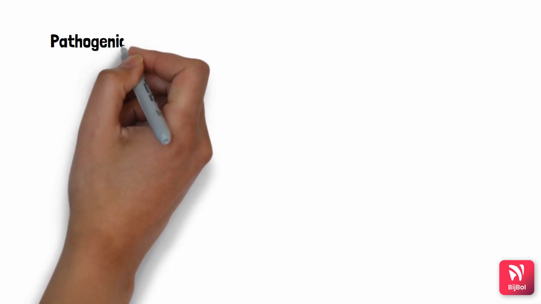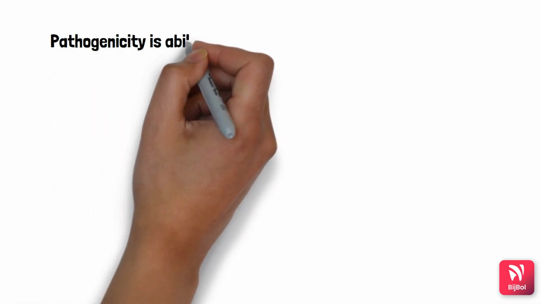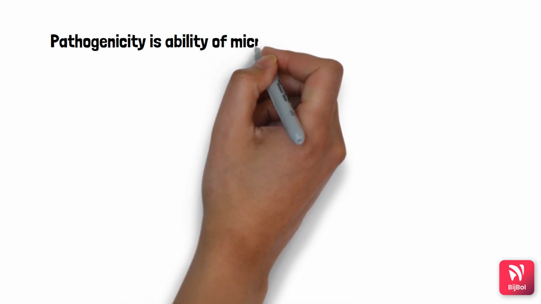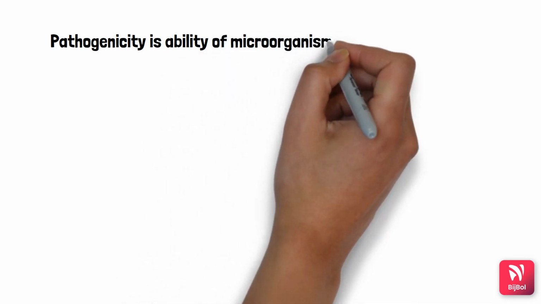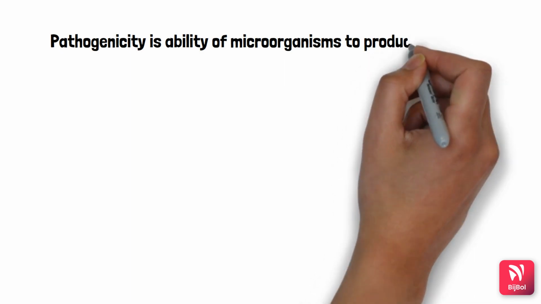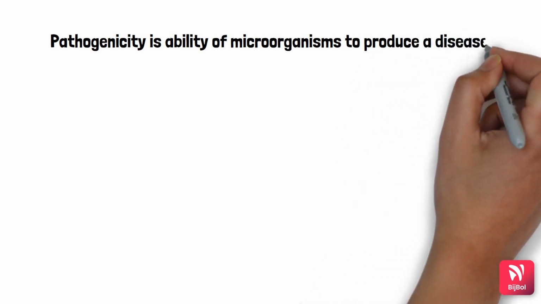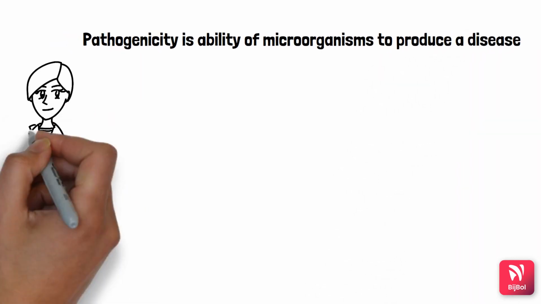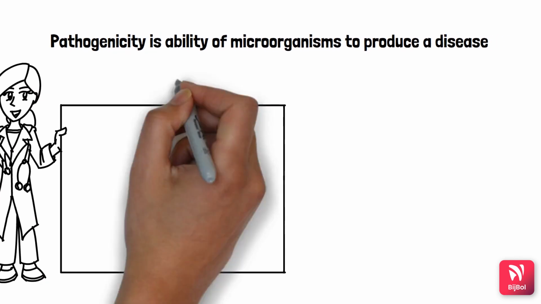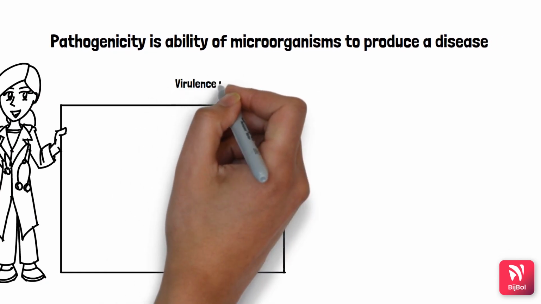If you see the microbial virulence and the pathogenicity, pathogenicity is the ability of the microorganisms to produce a disease, whereas virulence is the degree of pathogenicity of the microorganisms.